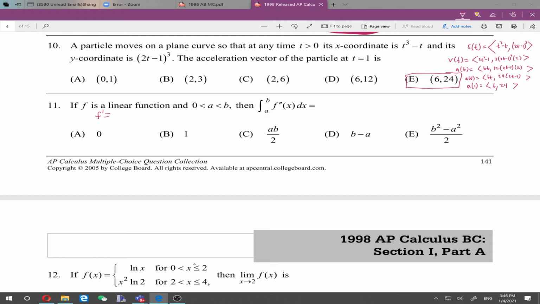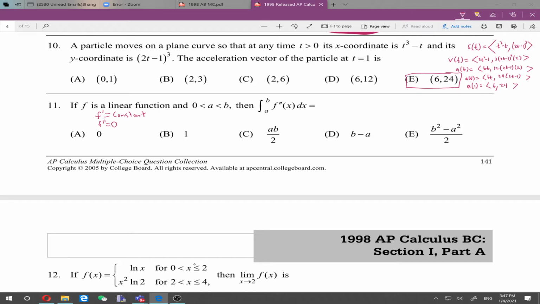The slope does not change, so f prime is some constant. If f prime is some constant, what happens when you differentiate a constant? It becomes 0. So f double prime is 0.